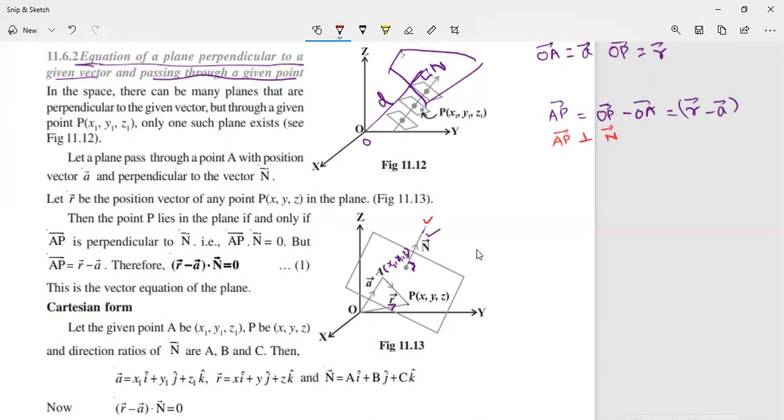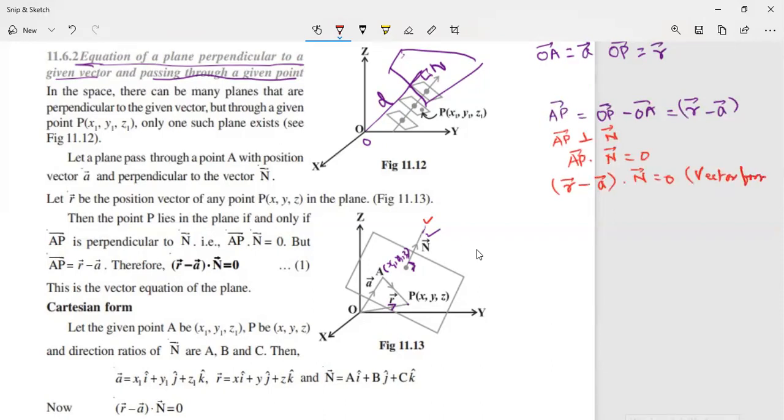Therefore, their dot product will be equal to 0. So AP dot n equals 0, and AP is r minus a, so (r minus a) dot n equals 0. n is any vector which is perpendicular to the plane. This is your vector form.